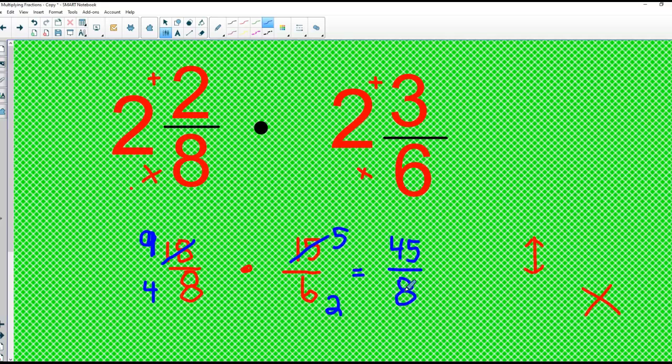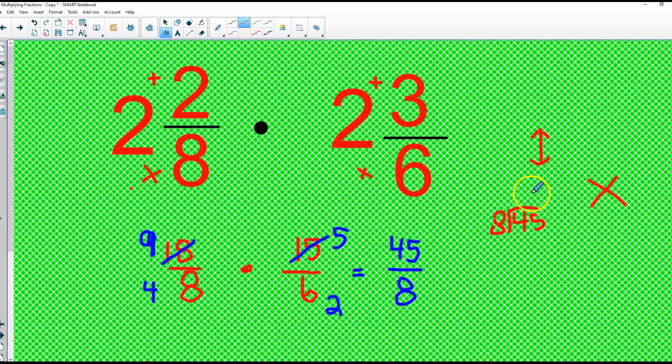Okay, so just like before, we always need to change improper fractions and reduce. Now, I know some of you can probably do this in your head, but for the sake of everybody else, let's change 45/8 using division. So 45 divided by 8.